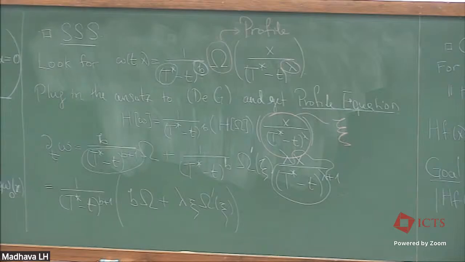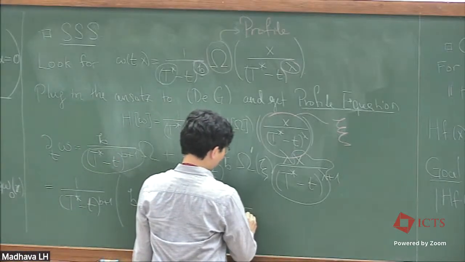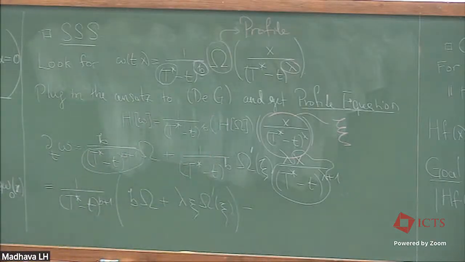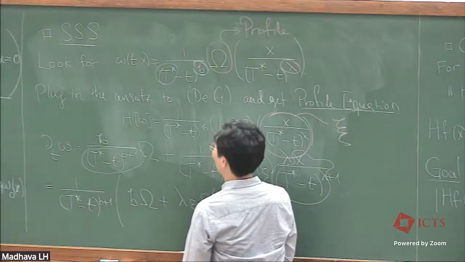Now, these two terms are easy because we know basically that the Hilbert transform is an order 0 operator. So I skip the computation. And I will move this term to the right-hand side. What do we get?